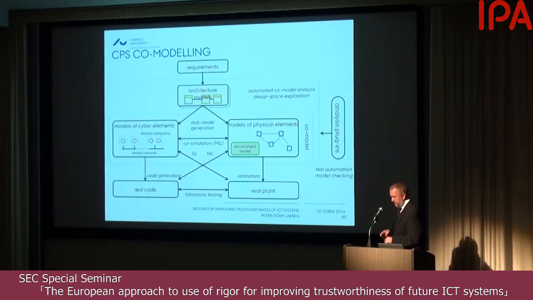Now, here is a different figure trying to show the same thing, where we come from requirements down to architectural models that will generate contracts in between the cyber elements and the physical elements and the environment model that we can have. And these can together be co-simulated and produce the kind of animations you have already seen.